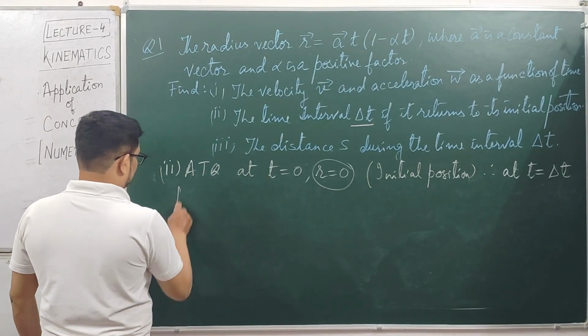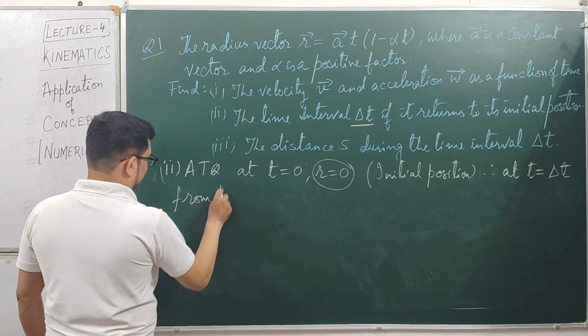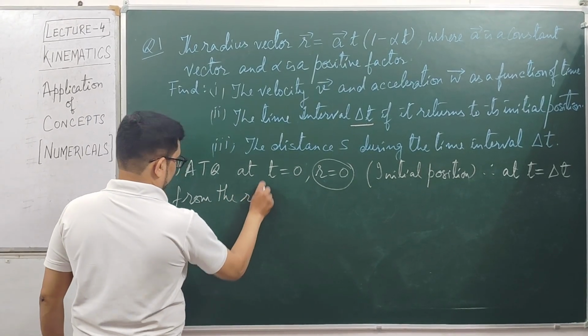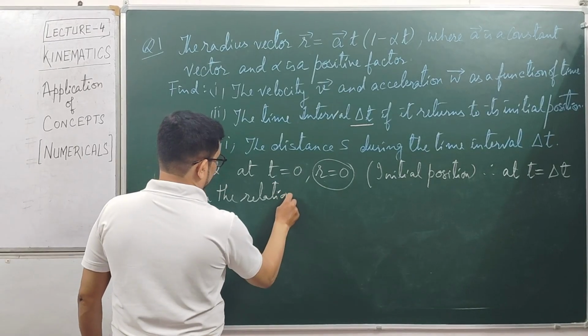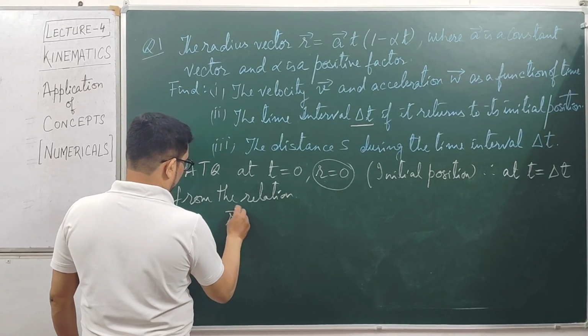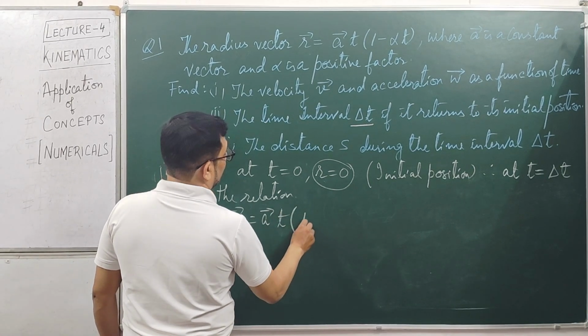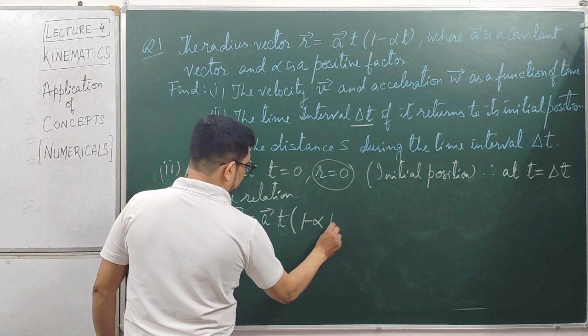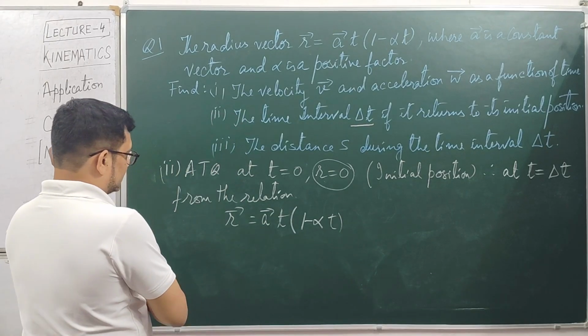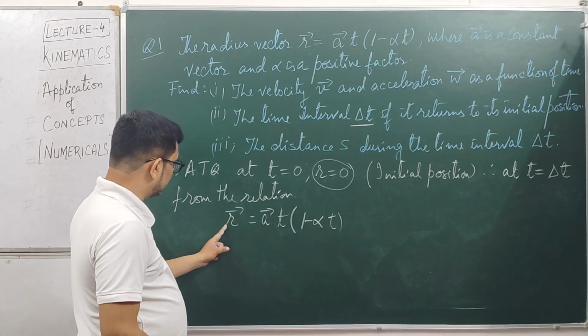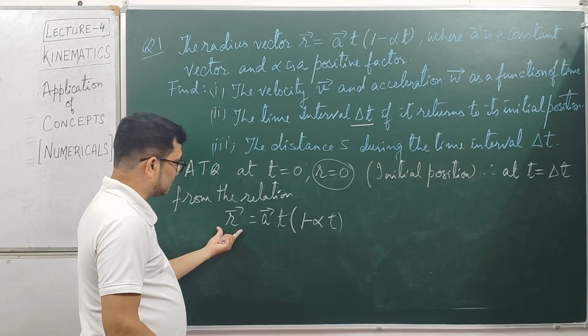So from the relation, we have r is equal to a t times (1 minus alpha t). All right, so it returns to the initial position, so we'll make this r0.